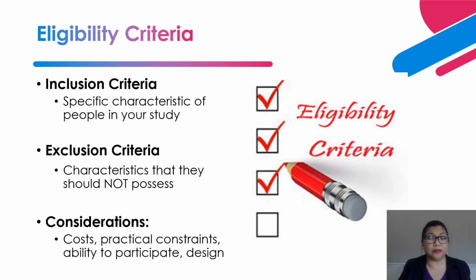For example, if they have an underlying disease, then you exclude that person from your selection. These are the characteristics that the people in your sample should not possess. There are so many considerations when talking about these criteria: the cost, the practical constraints, and the ability to participate in the design.